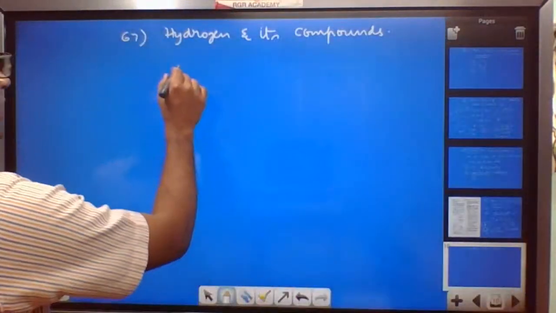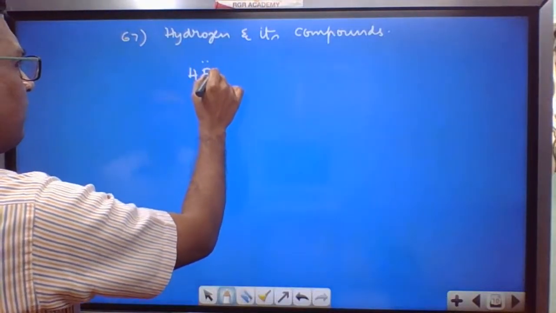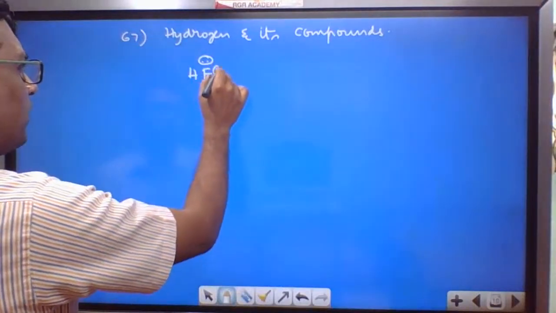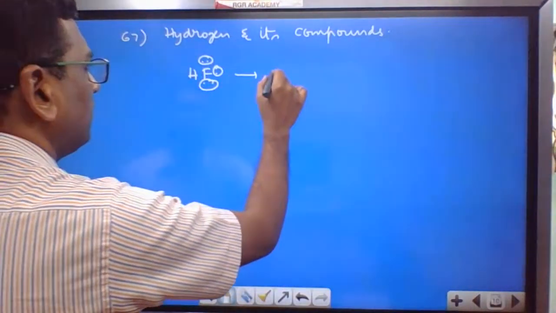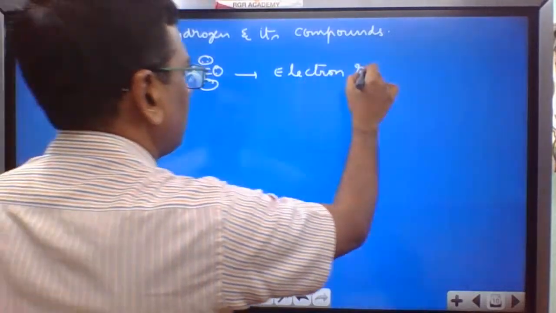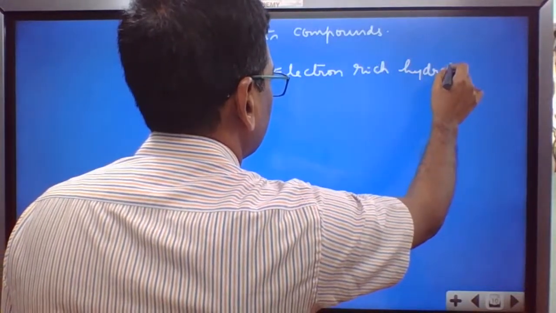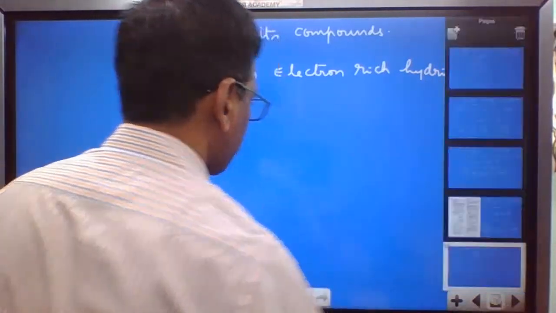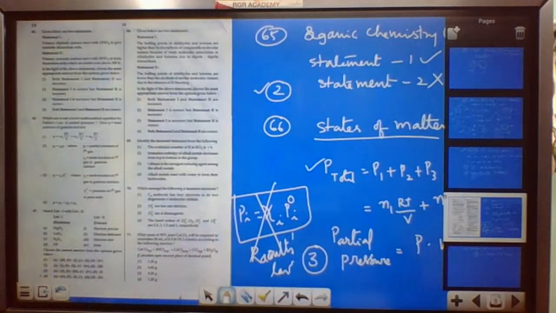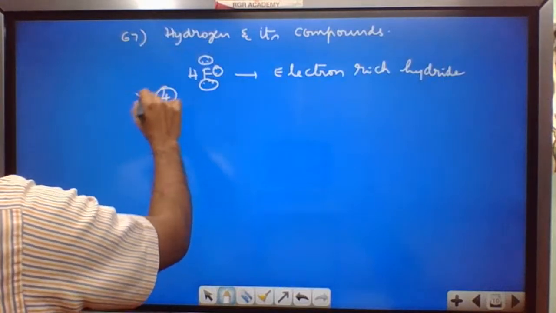Fluorine has an octet, and at the same time it has lone pairs of electrons, hence it is called an electron rich hydride. So for question 67, the right option is 4.